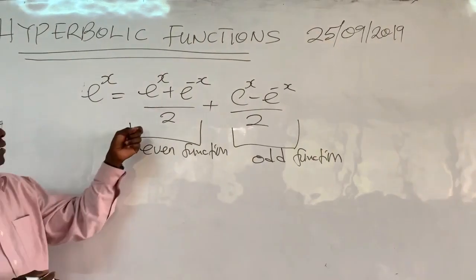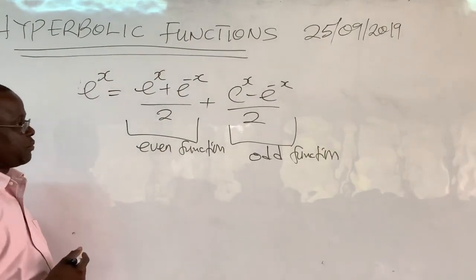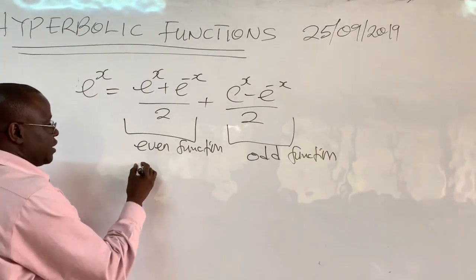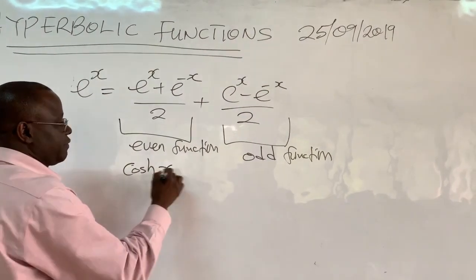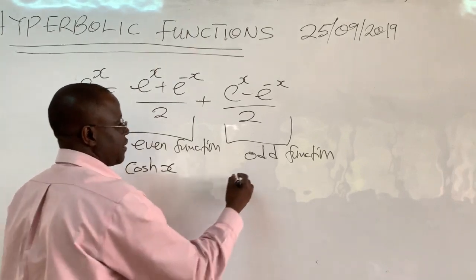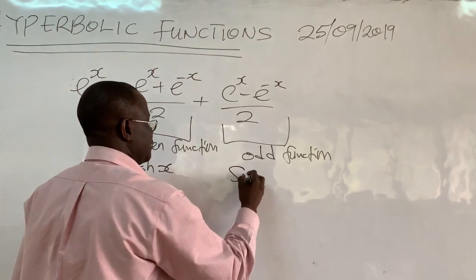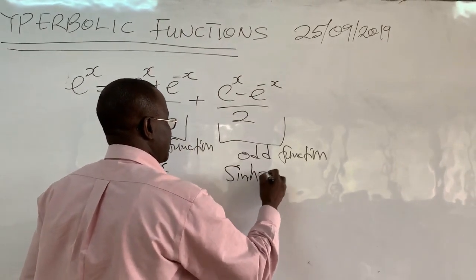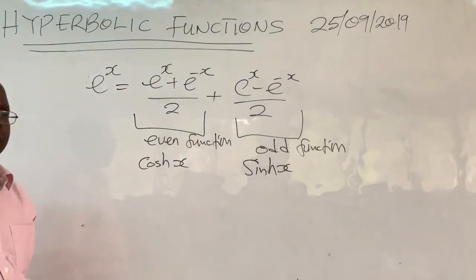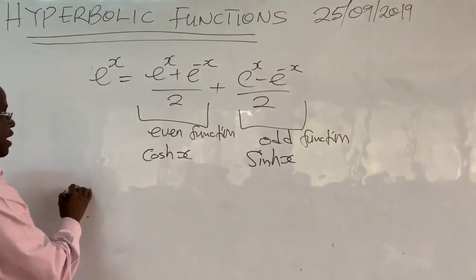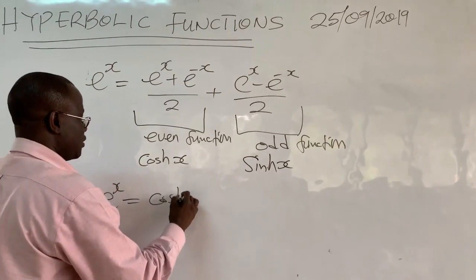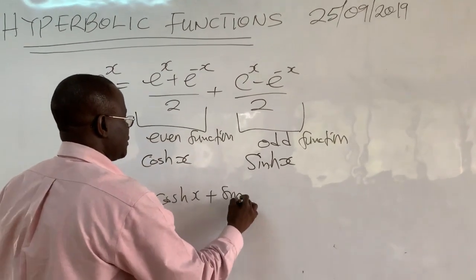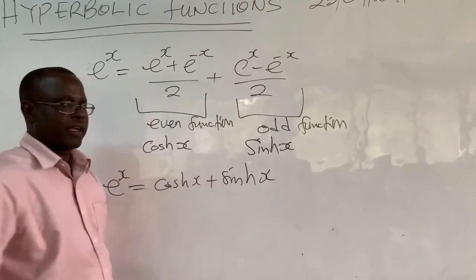Now the even part of that exponential function is called the hyperbolic cosine function, like cosh x, and the odd part is the hyperbolic sine function, sinh x. Which means that I can write the exponential function as cosh x plus sinh x.